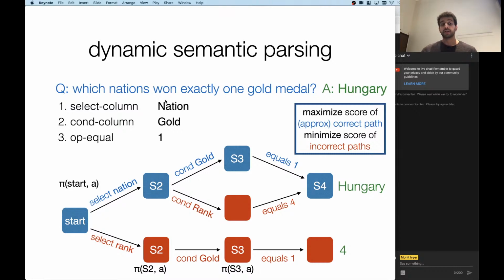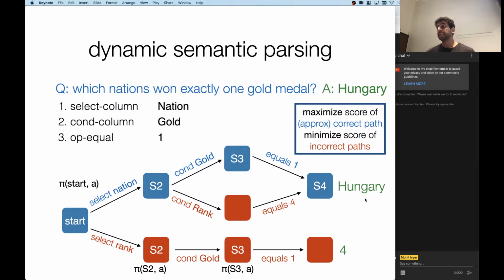So the question is, how are we determining which is the correct or best path from the search? Remember that we have in our data set the ground truth answer, like this Z, and so we can use this Z to filter or rank the possible paths that we get. So for example, here we've shown 3 paths in this simple figure. 2 of them execute to Hungary, which is the ground truth answer.